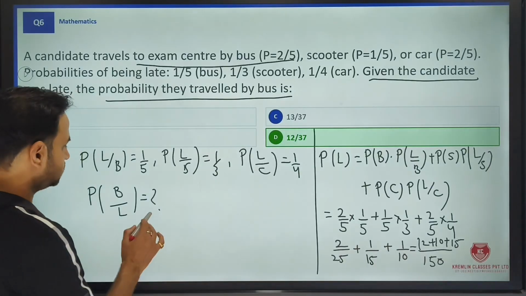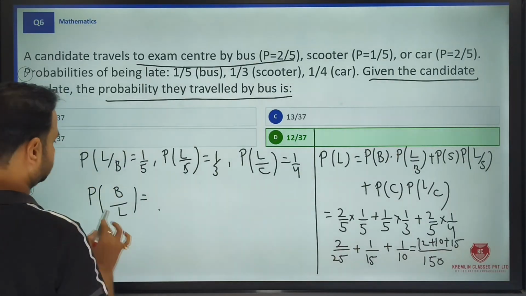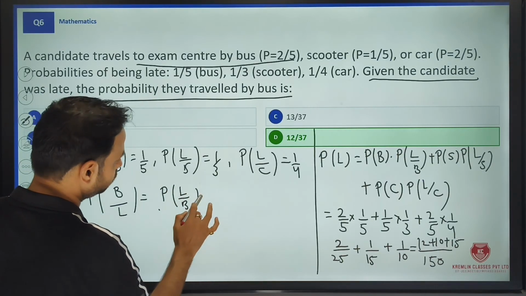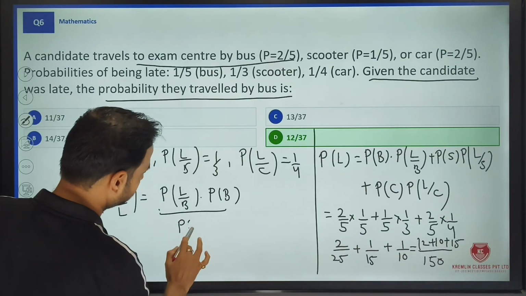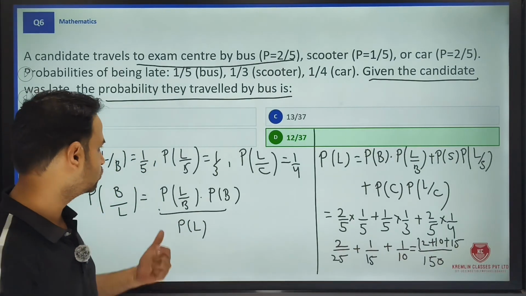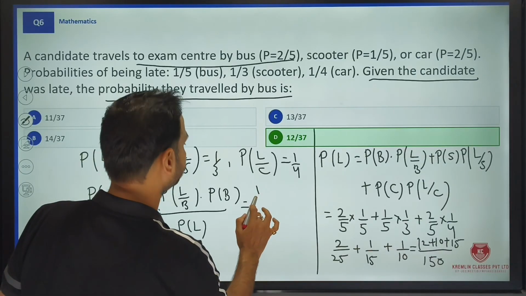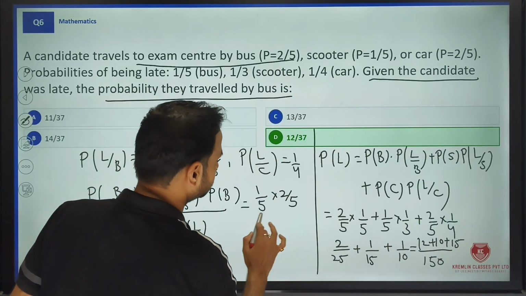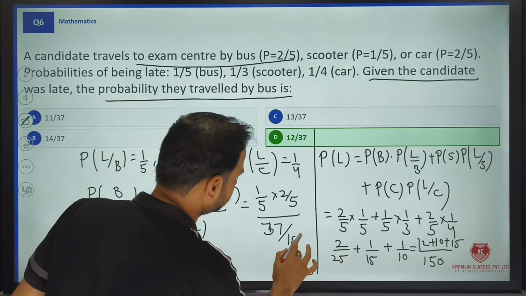Now we have to find this, and this is given in the Bayes theorem as probability of late by bus into probability of bus upon total probability of getting late. So probability of late by bus is what we have given, 1 by 5. Probability of traveling by bus is 2 by 5 upon 37 by 150.